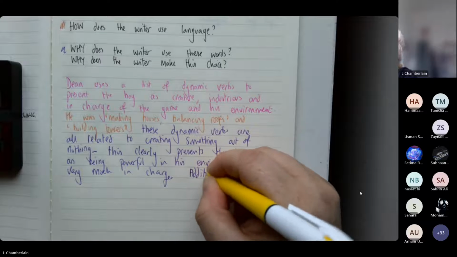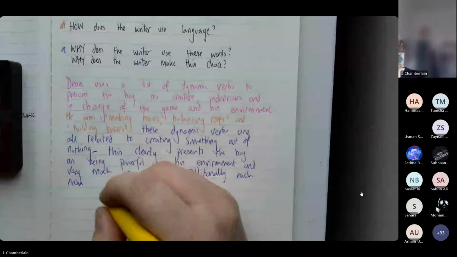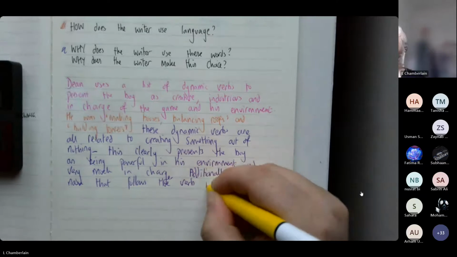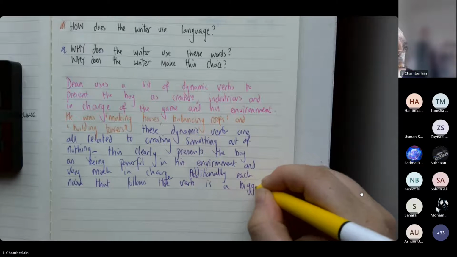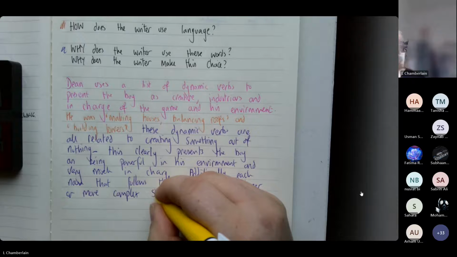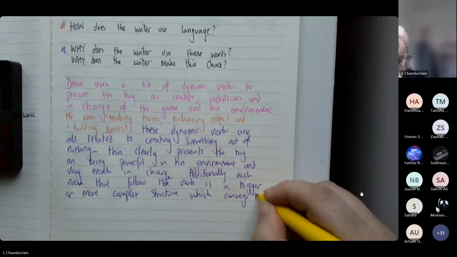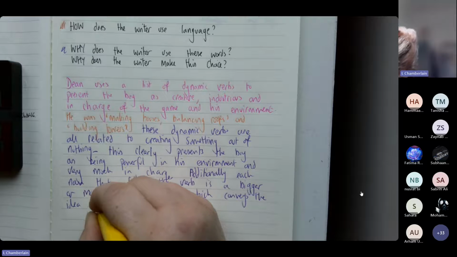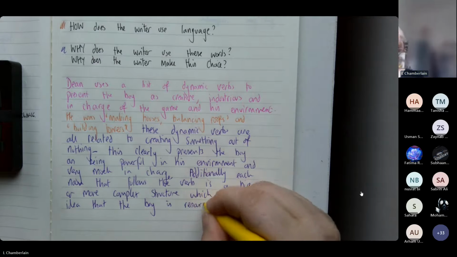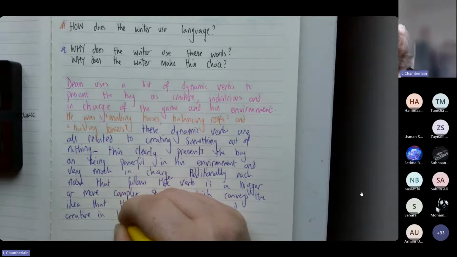Additionally, each noun that follows the verb is a bigger or more complex structure, which conveys the idea that the boy is resourceful and creative in his game.